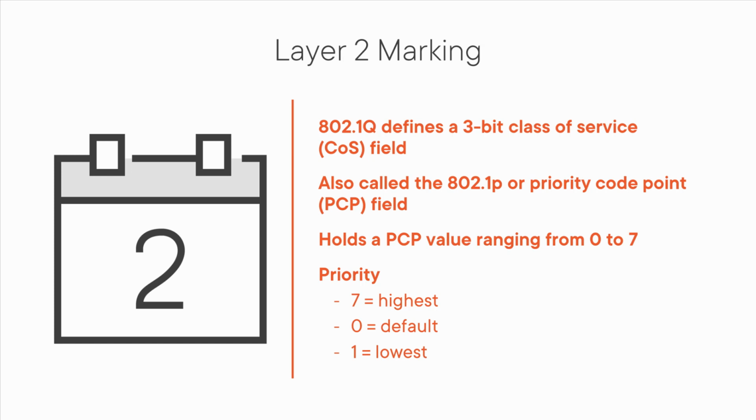You may hear this called the 802.1p field or the PCP field. Officially, the values don't mean anything, but the IEEE recommends people treat 7 as the highest priority. A value of 0 is the default best effort class, and a value of 1 is for lower effort traffic and has the lowest priority. Sound familiar, right? This is similar to the class selector PHB group.